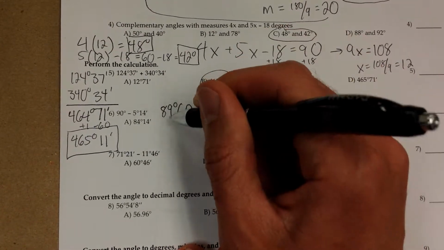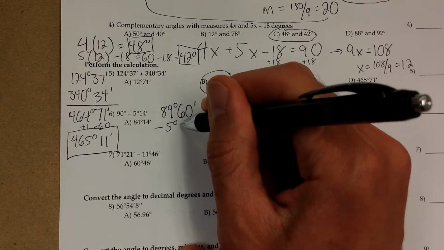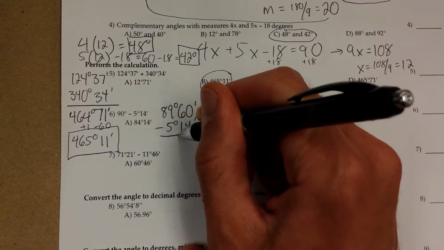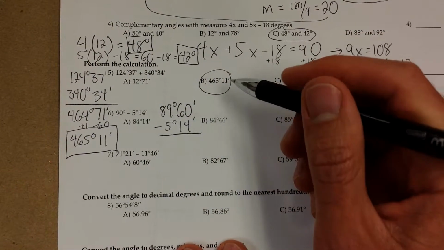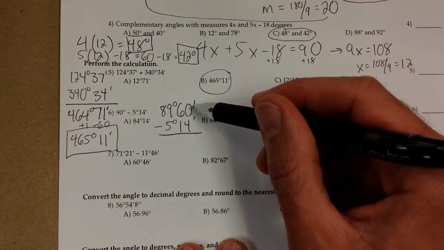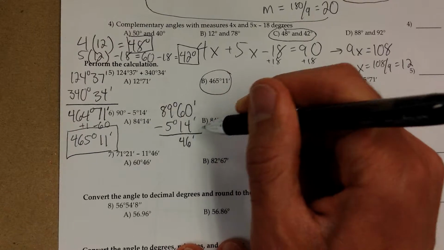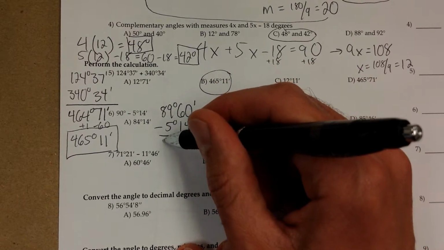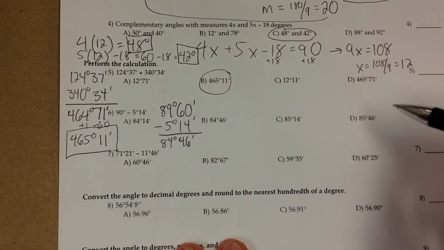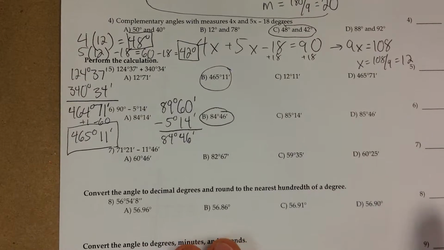That is equivalent to it, and then you can do the subtraction more easily. So 60 minus 14, 46, and then 89 minus 5, 84. Good.